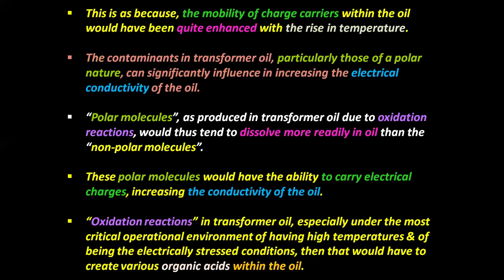Polar molecules, as produced in transformer oil due to oxidation reactions, tend to dissolve more readily in oil than non-polar molecules. These polar molecules have the ability to carry electrical charges, increasing the conductivity of the oil.